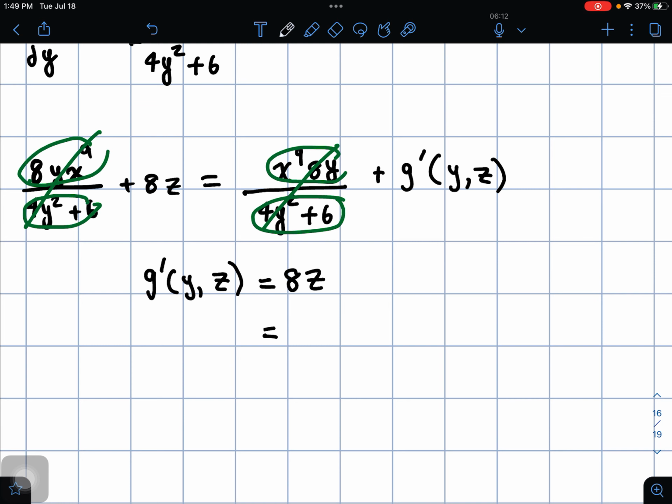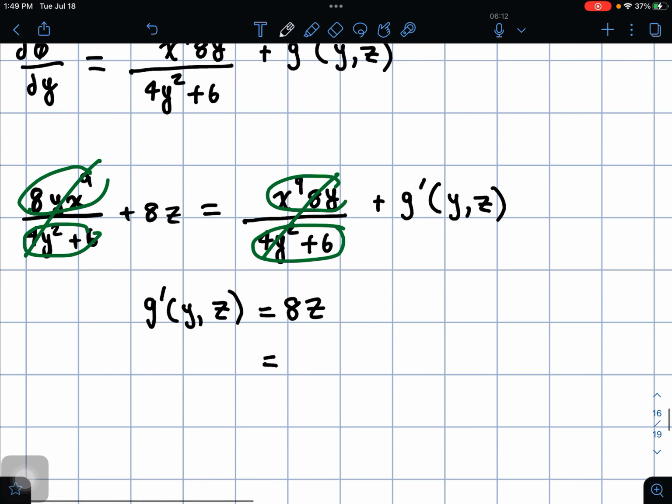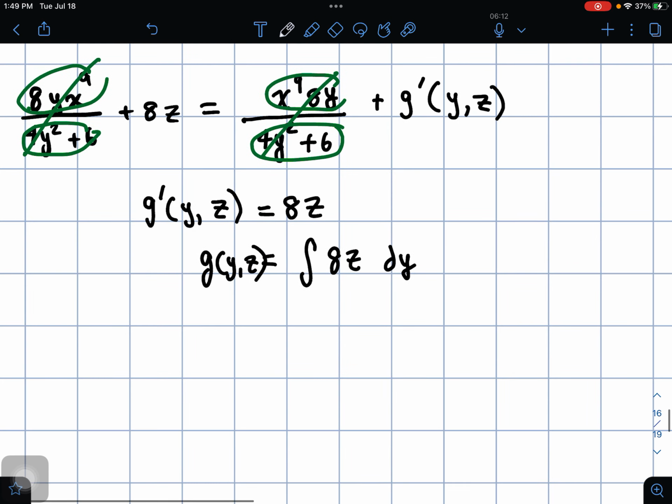Now what do we have to do? Okay, also remember, this is with respect to y, right? So we have to integrate, but with respect to y. So g at y comma z will be this 8z dy. Okay, don't mess that part up.